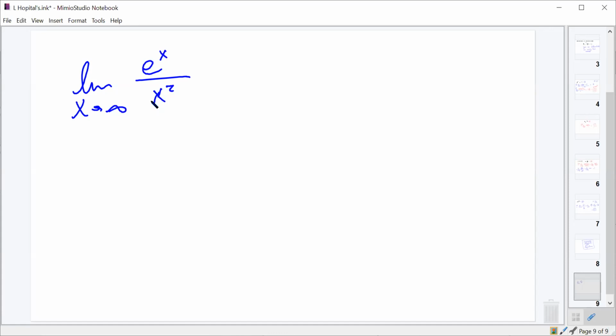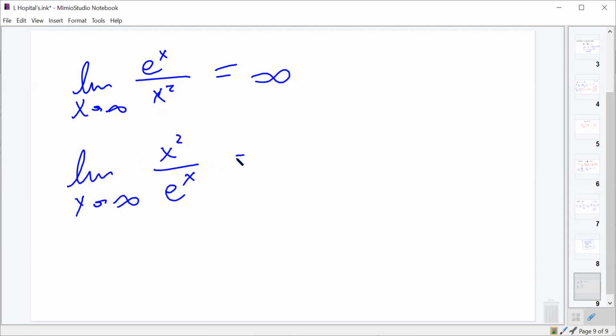E to the x, the numerator does. And so if the numerator is getting bigger faster than the denominator is, what are we going towards? Infinity. But if I flipped this around, still infinity over infinity, but because the denominator gets larger more quickly than the numerator does, what does it approach?